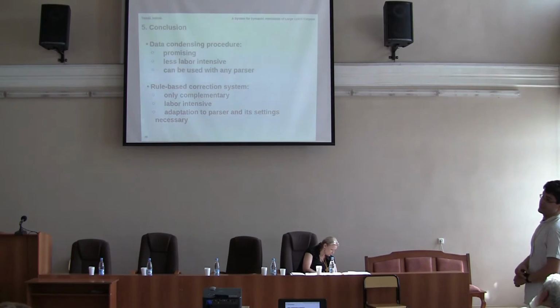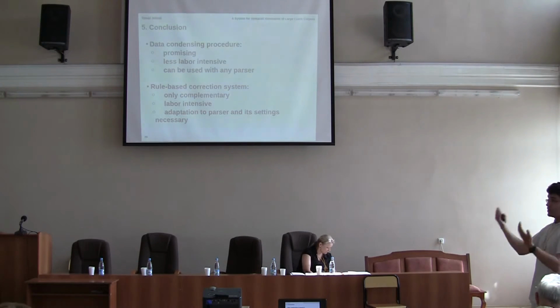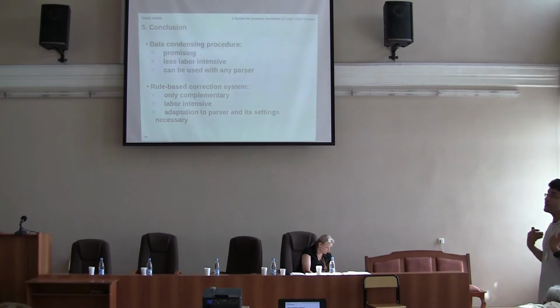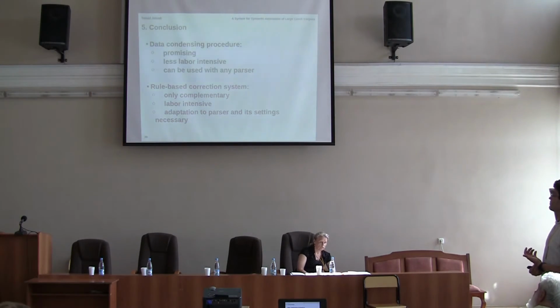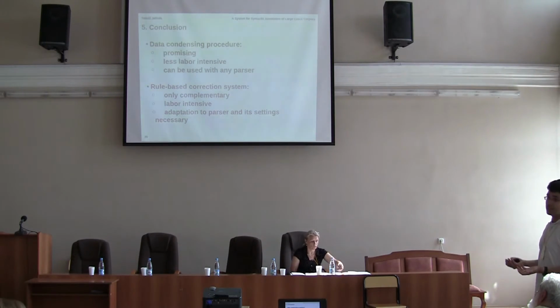So the conclusion is there are two approaches. We have found two approaches, there are many others, but we have tried two approaches to improving parsing. One of them is the data condense procedure, which is promising, which is much less labor intensive, and it can be used with any parser.